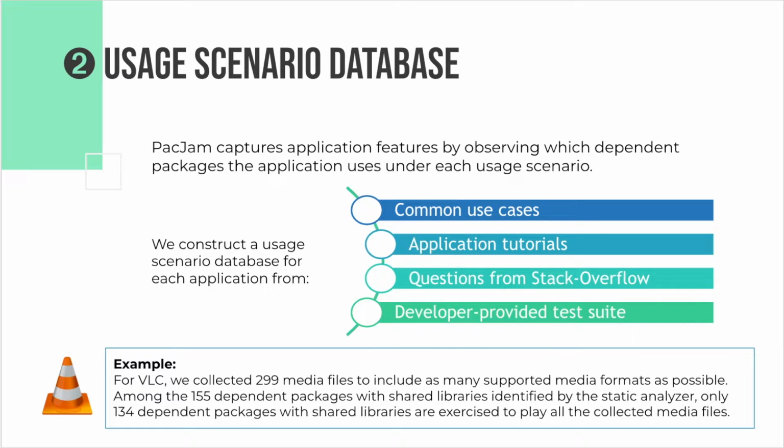Among VLC's 155 dependent packages, only 134 packages are exercised for playing all the collected media files. These usage scenarios are used to eliminate dynamically unreachable packages. Suppose the user wants to install VLC. PacJam installs only 134 packages and uses shadow packages for all the other dynamically unreachable ones.